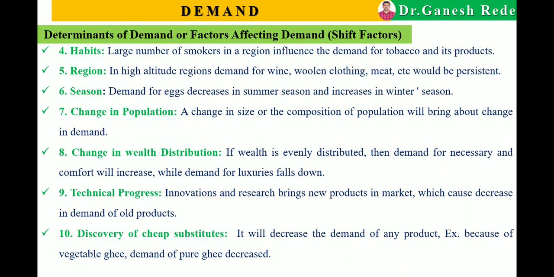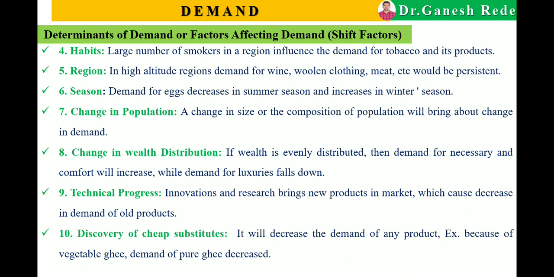Innovations and research bring new products in the market which cause a decrease in demand of the old product. As we know, we always want the new thing, so demand for the old thing decreases because of innovations and research activities. So technical progress is also a determinant which affects the demand of any particular good.